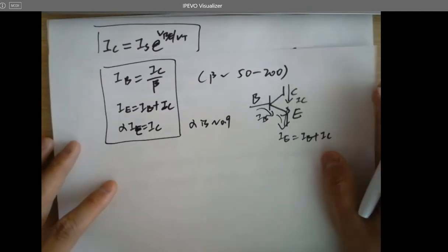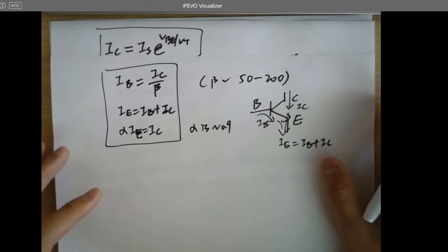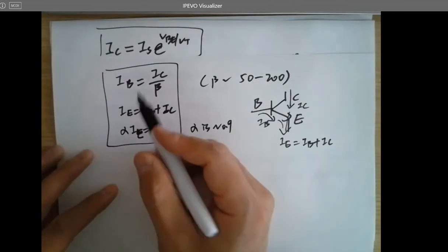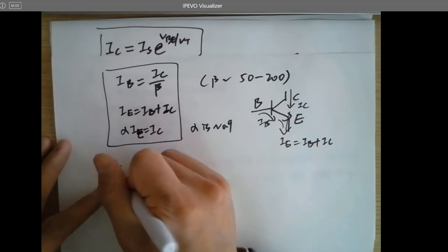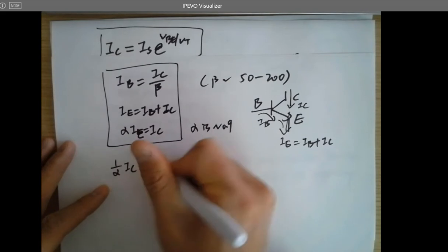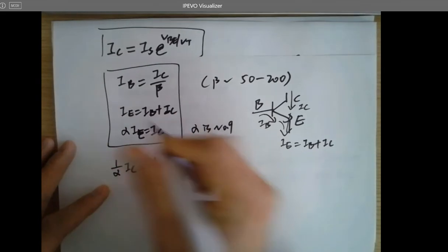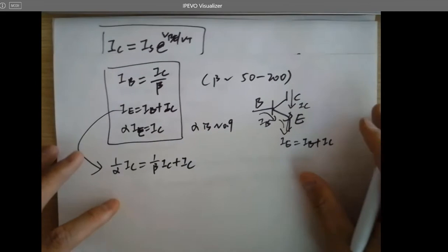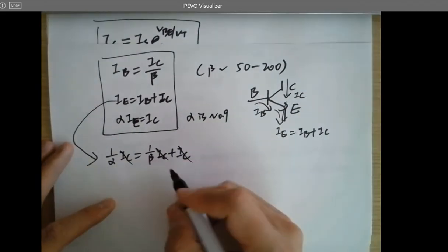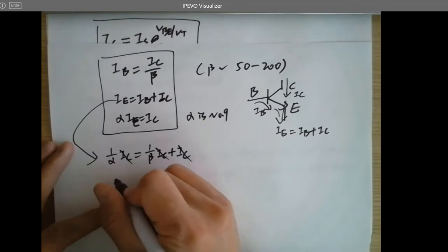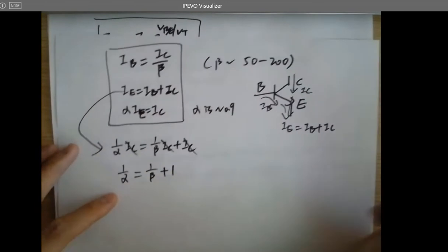So what's the relationship between alpha and beta? Let's derive it. We know that IE is 1 over alpha IC, which equals 1 over beta IC plus IC, according to this equation. So we can cancel IC. So 1 over alpha equals 1 over beta plus 1, right?